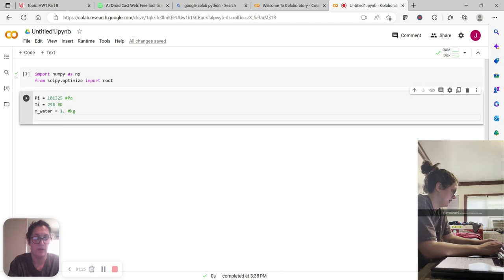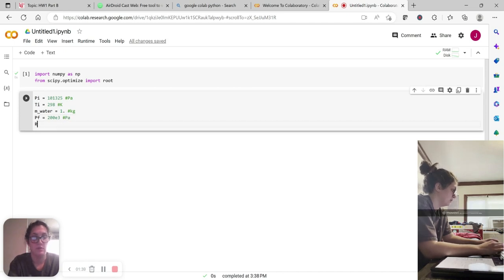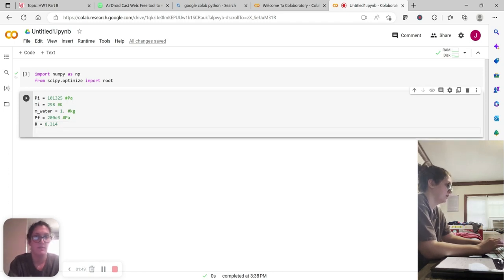And finally, we had our final pressure of 200 times 10 to the third pascals. And I'm also going to enter the gas law constant, which is 8.314. So now we have all the variables that we need to go ahead and enter the rest of the code.